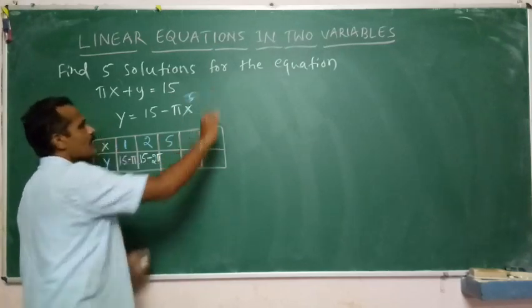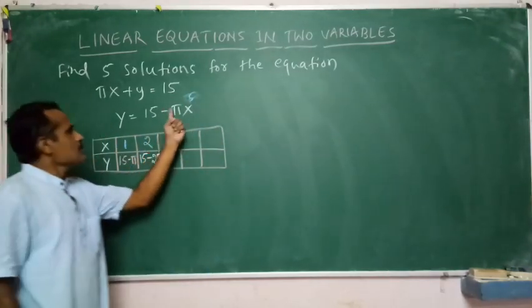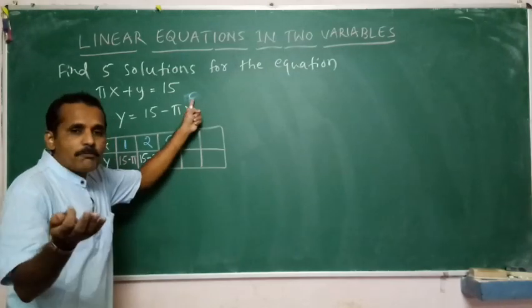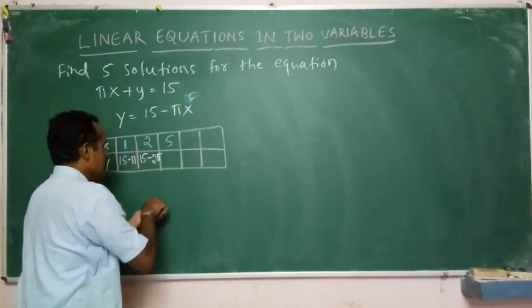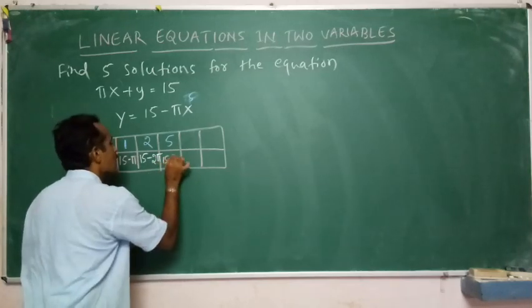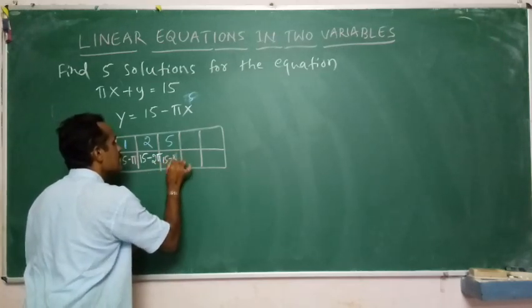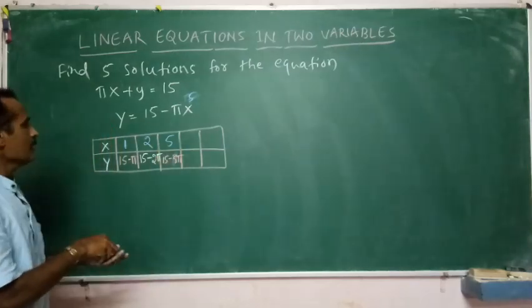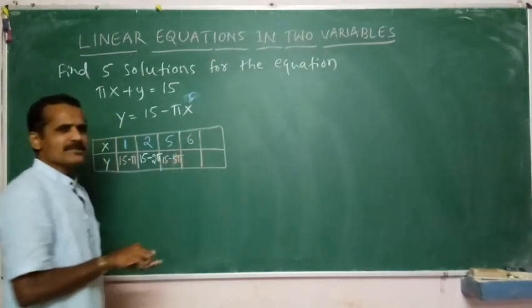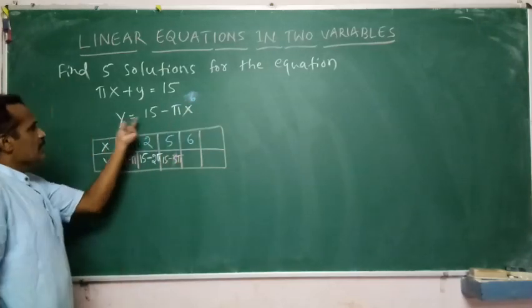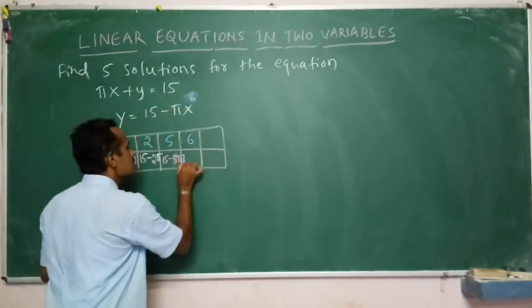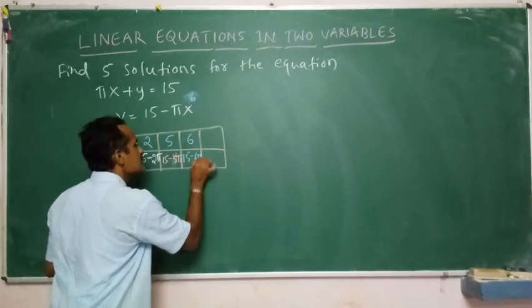Pi into 5 is 5 pi, and the answer is 15 minus 5 pi. Let me substitute x is equal to 6. Same thing: y is 15 minus 6 pi.